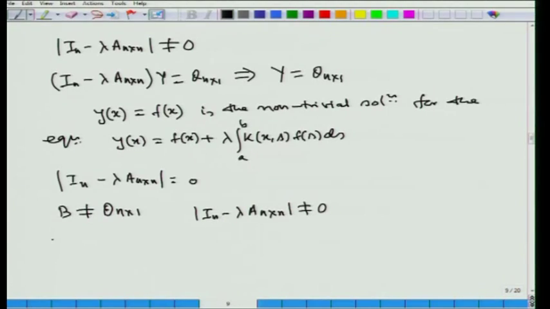And in case this determinant of I n minus lambda a n cross n is equal to 0, then the system of equations will be either inconsistent, in which case there does not exist any solution, or redundant.